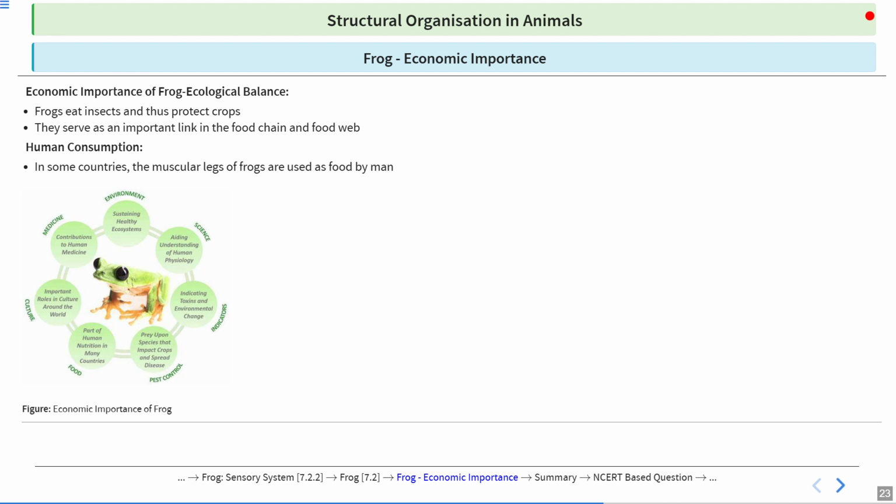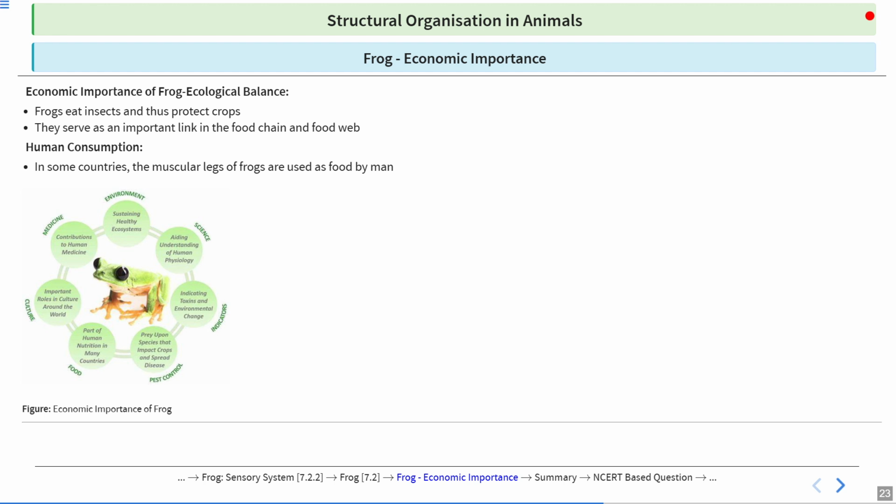Okay, the last we see is indicating toxins and environmental changes. So they are working as an indicator also. Some frogs are very, very toxic, right? They prey upon the species that impact crops and spread diseases. There are many insects that spread diseases and also have a great impact on our crops every year.